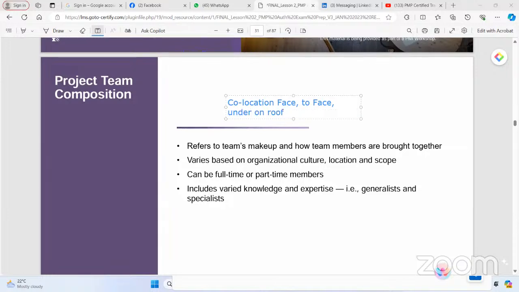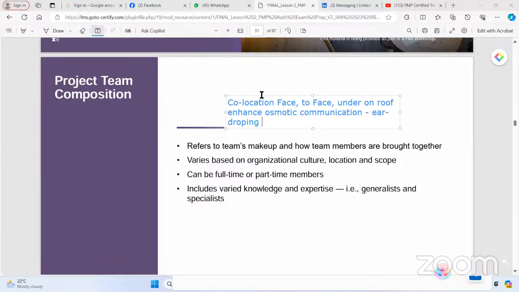And this will enhance what we call osmotic communication. Osmotic communication is that communication which we call people eavesdropping on each other during conversations.